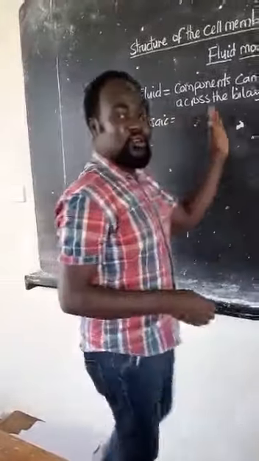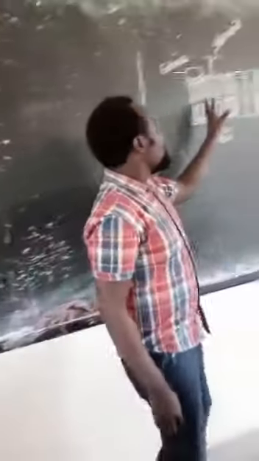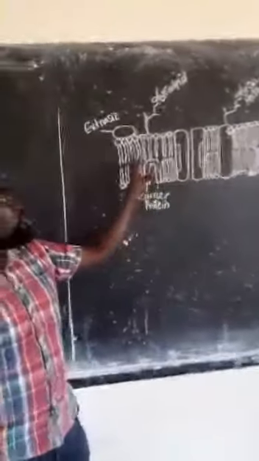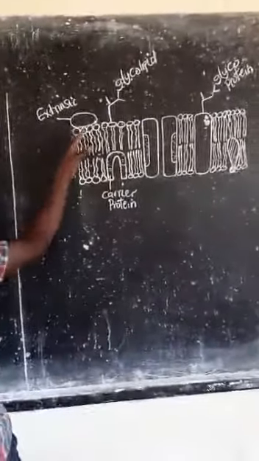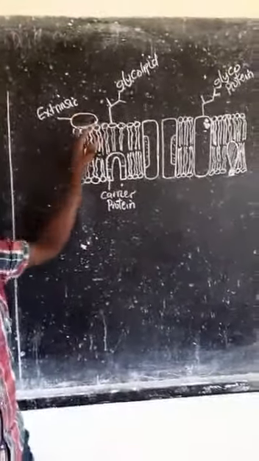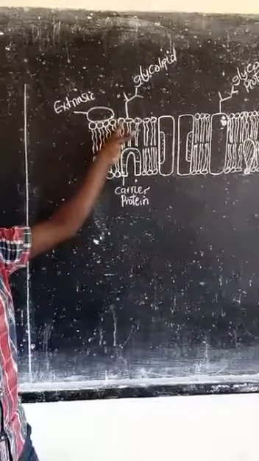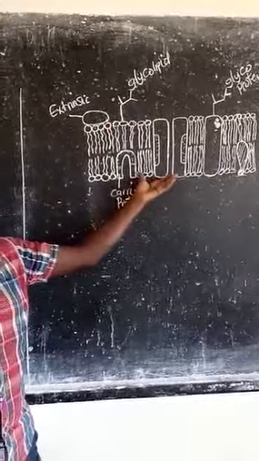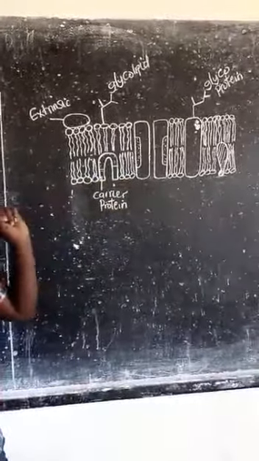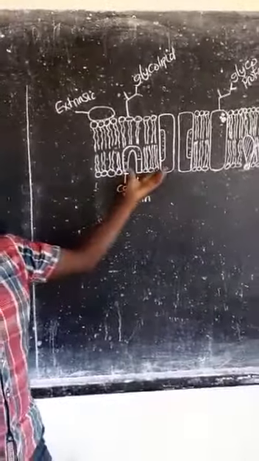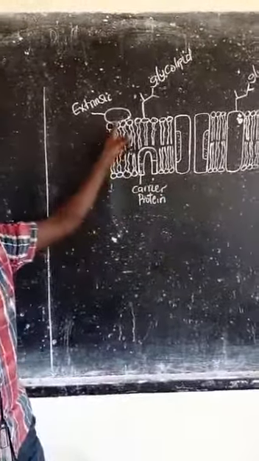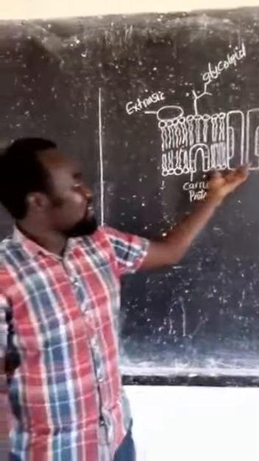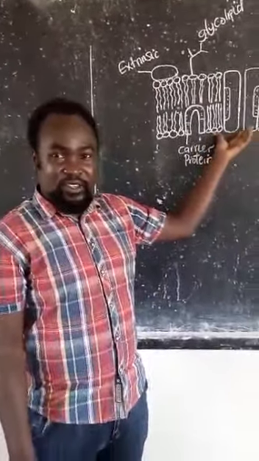When we look at the components from the previous lesson, we can see that we have proteins, we have phospholipids, we have the glycolipids, we have all these molecules. But if you can critically observe, these molecules have got different shapes. The sizes are also different.